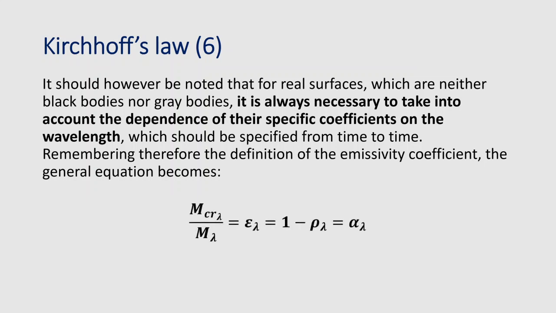You see that this ratio is equal to epsilon, the emission coefficient, that means that if you want, for example, to express the absorption coefficient, the absorption coefficient will be the complement with respect to 1, so the rho coefficient subtracted from the quantity 1. All right? In this case, you can take these things here.